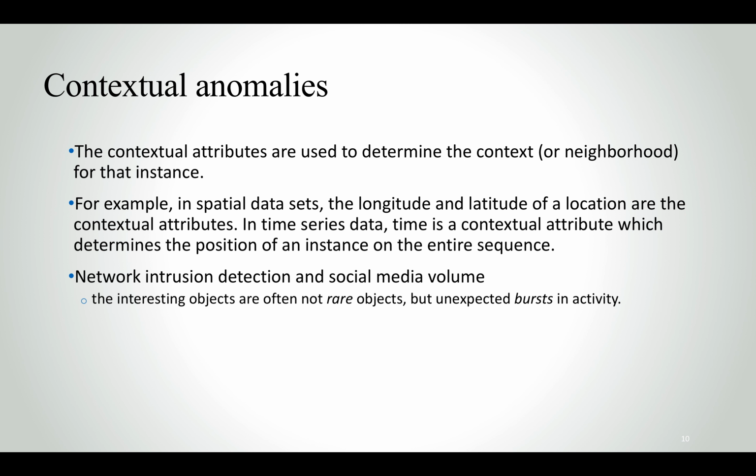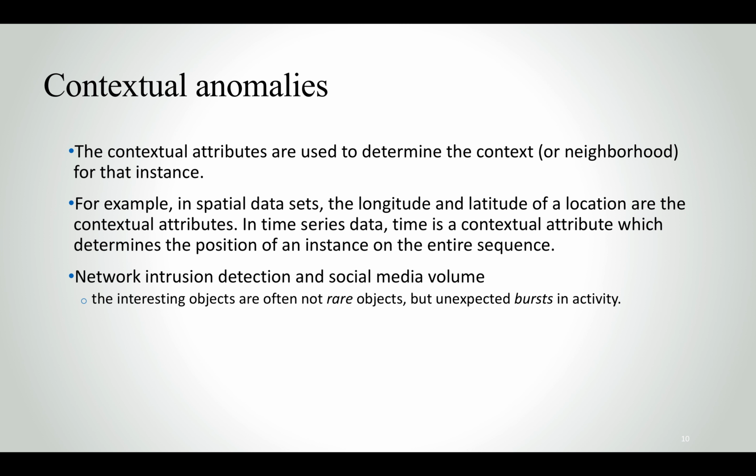In time series, maybe the position of an instance, or the particular window in time, is the context. This is interesting for our case because, for example, in social media spike detection as well as in intrusion detection, we care about the context in the sense that we're trying to detect bursts in activity.